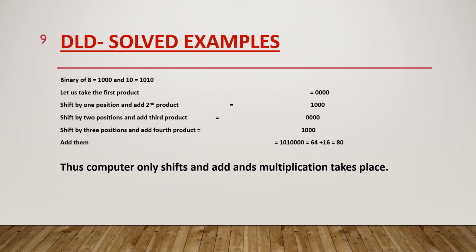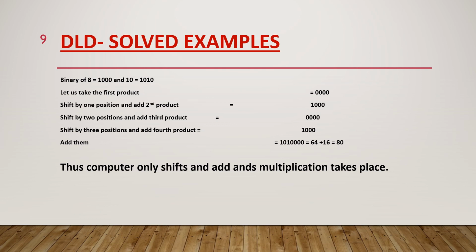On the right hand side, we write the first product as such, that is 0 multiplied with 1000, and next, as far as the multiplier is concerned, it is 1, so the second product will be 1000 because the 1 of the multiplier is being multiplied with 8.